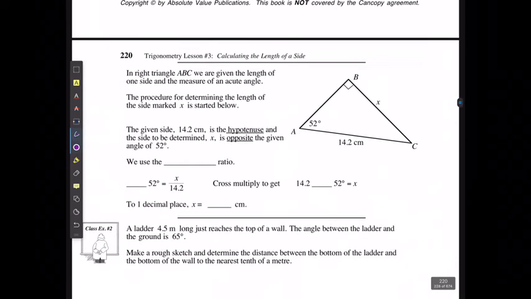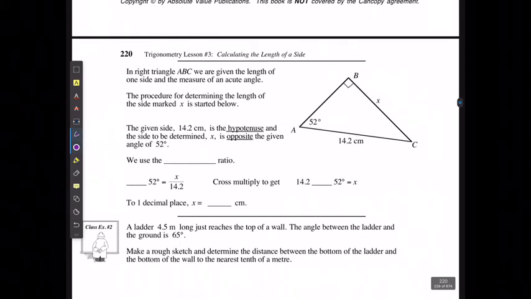So in this case, the first thing that we're going to do is isolate, well, here is the angle that I'm using. There's my acute angle. Beyond that, the hypotenuse is the information that I have, and the opposite is what I'm trying to solve for.